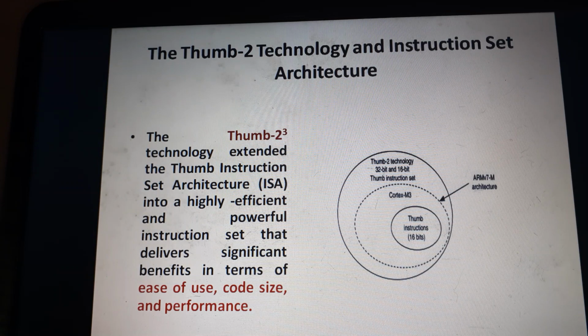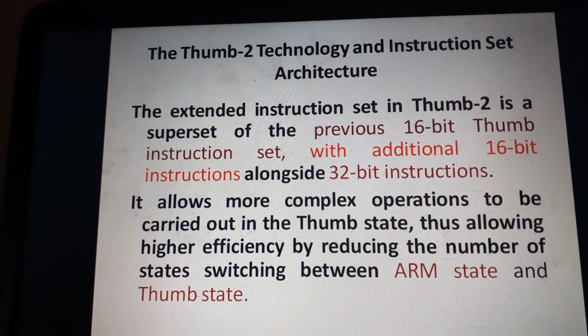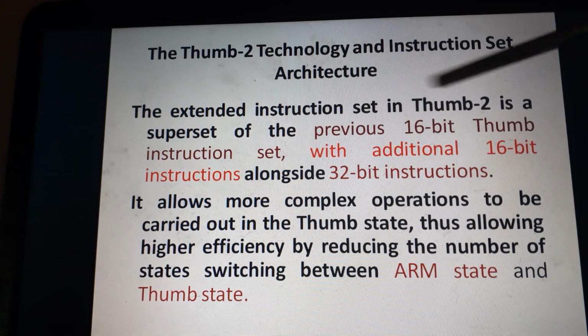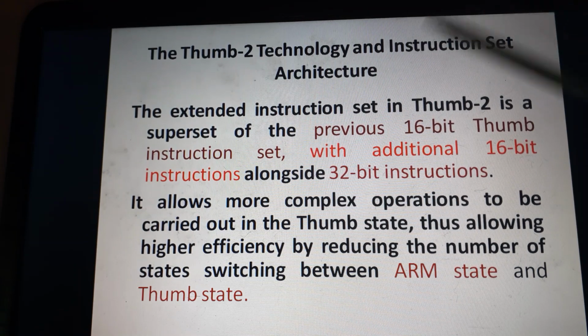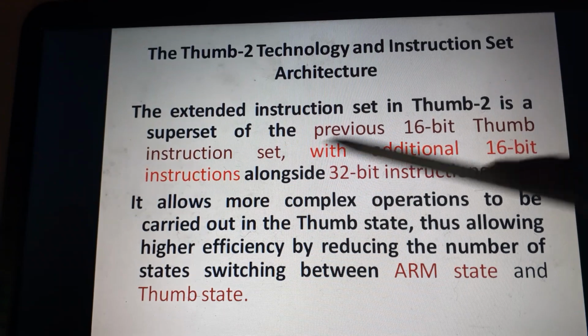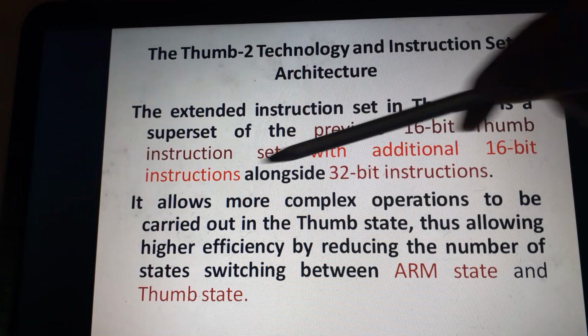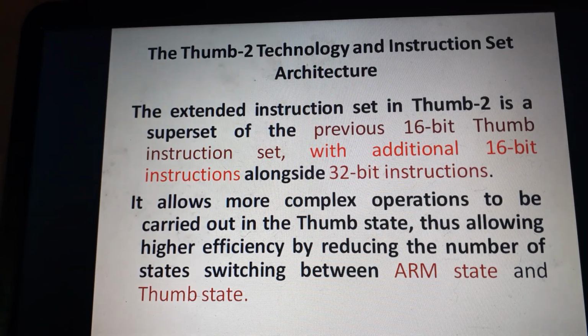The extended instruction set in Thumb 2 is a superset of the previous 16-bit Thumb instruction set. As I told earlier, the Thumb 2 instruction set consists of the previous 16-bit Thumb instruction set with a few more additional 16-bit instructions, alongside 32-bit instructions.